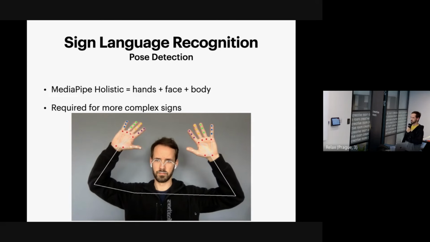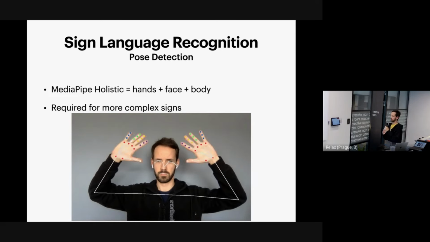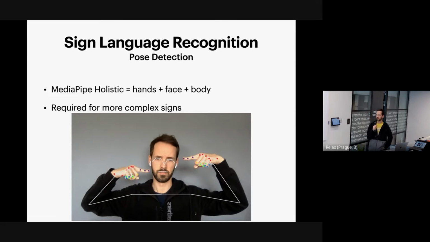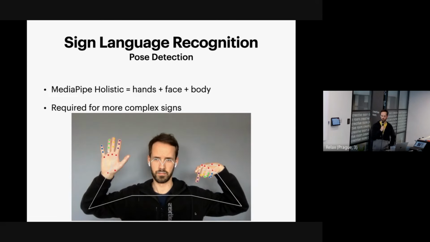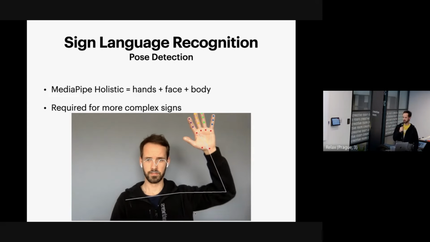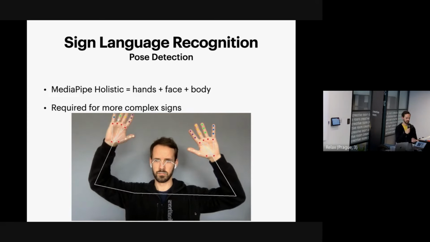You can do more things, as I said, with Mediapipe. There is a library called Mediapipe Holistic, which allows tracking the whole body, which at some point you will need for the sign language recognition, because it's not just the hands.